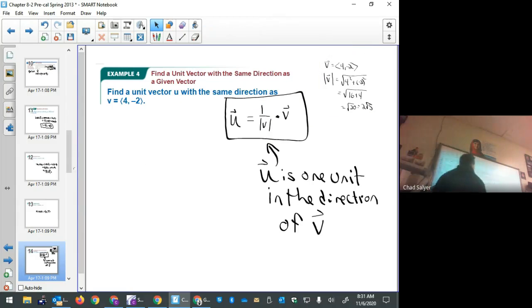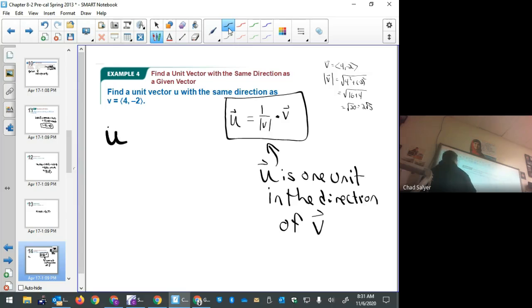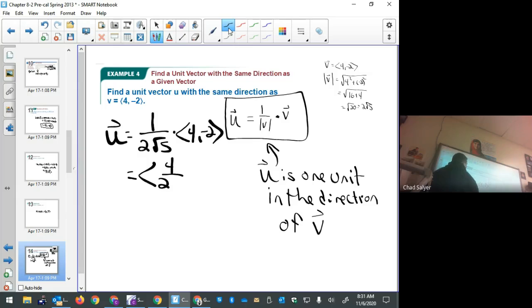So u equals 1 over 2 root 5 times <4, -2>. And so that is 4 over 2 root 5, comma, -2 over 2 root 5.